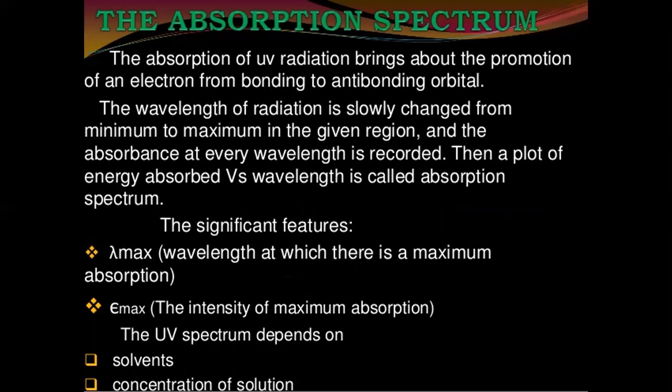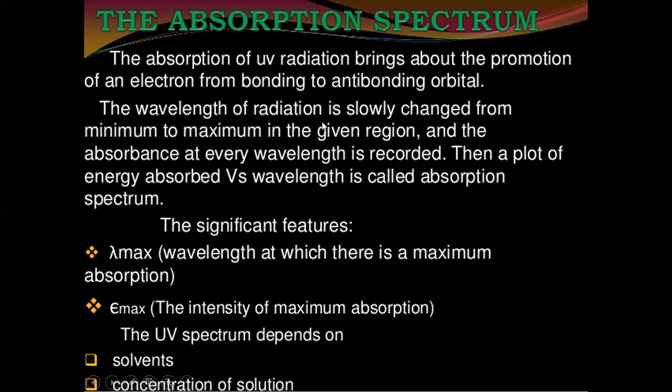Now, in the absorption spectra, the absorption of UV radiation brings about promotion of an electron from a bonding to an antibonding orbital. As I have told you, the electronic transition involves promotion of electrons from HOMO to LUMO, that is, from the bonding to the antibonding orbital.